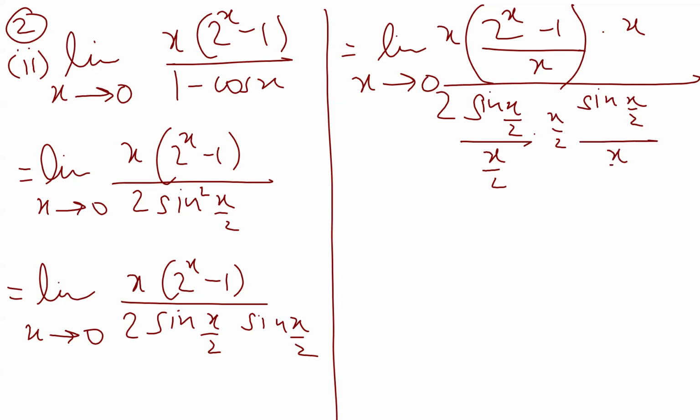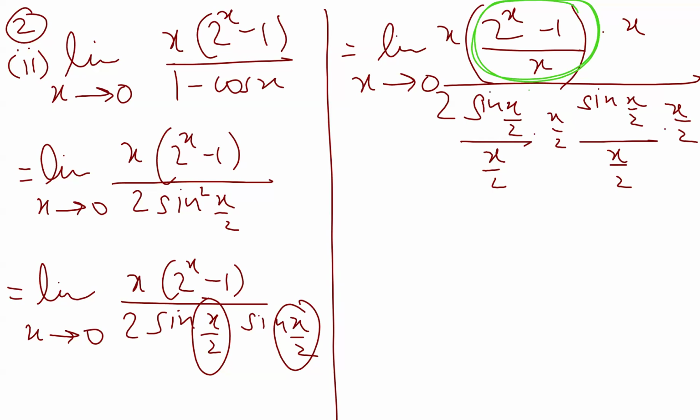Sine x by 2 divided by x by 2 multiply by x by 2. So this is x by 2 over here, so down x by 2 beneath the sine term. To nullify that, we have to write one more x by 2 over here to nullify it.